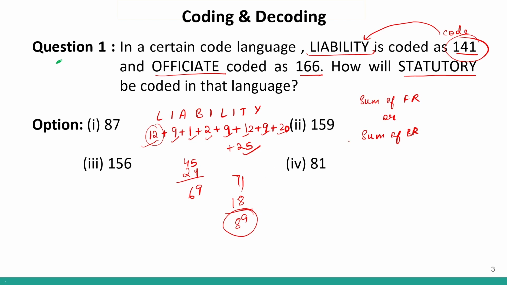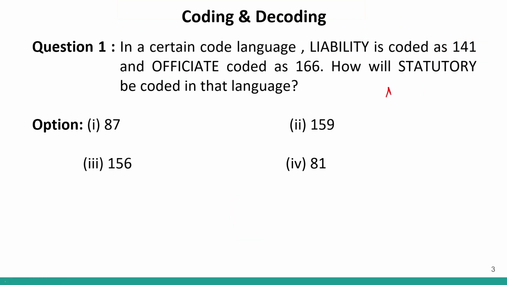So basically we are not using forward ranks probably. So let us check with backward ranks. Do you remember the backward ranks? Let me write them down. So we have A, B, C, D, E, F, G, H, I, J, K, L, M, N, O, P, Q, R, S, T, U, V, W, X, Y and Z. So backward ranks I am writing, okay?